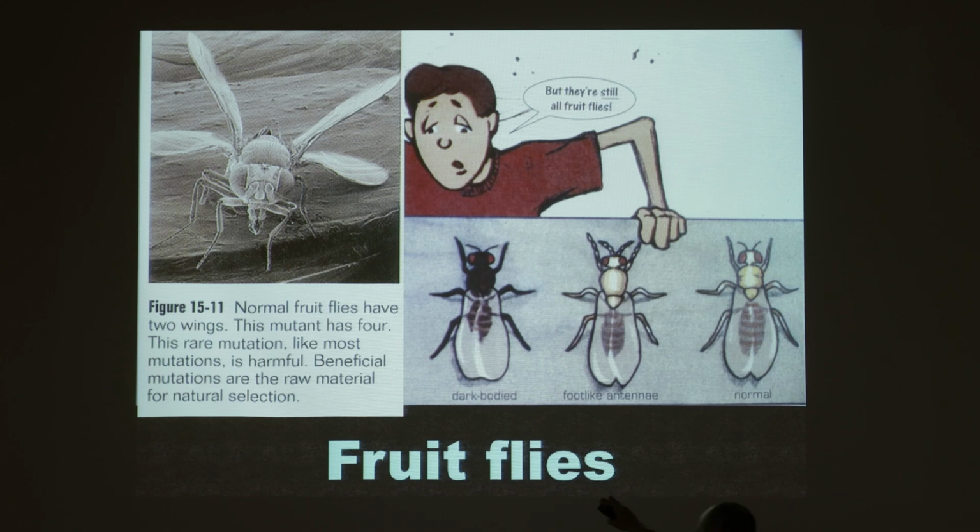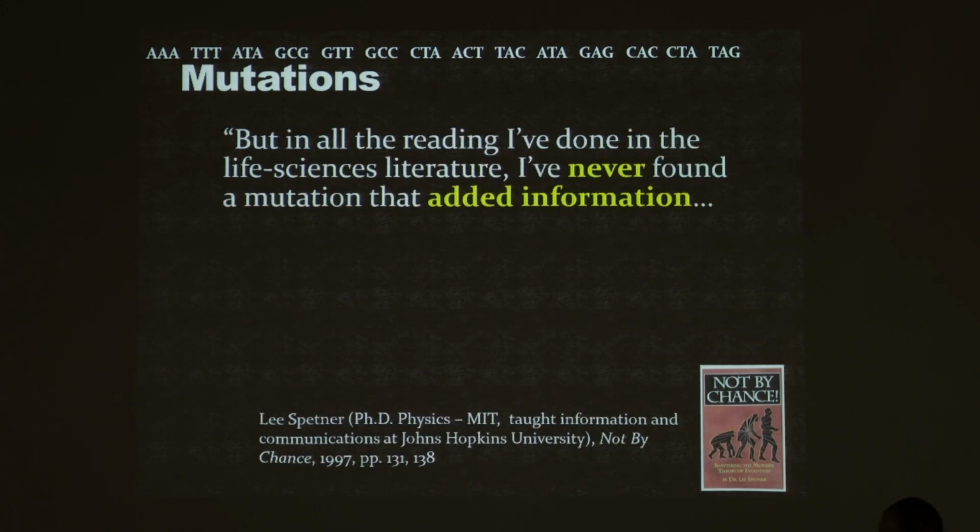It was ultimately a harmful mutation for that fly. But they say at the end there, beneficial mutations are the raw natural material for natural selection. So again, the supposed beneficial mutations plus natural selection will produce some new genetic information. But that's not what Lee Spetner observes, who has a PhD in physics at MIT. He says, in all the readings I've done in life sciences literature, I've never found a mutation that added information.